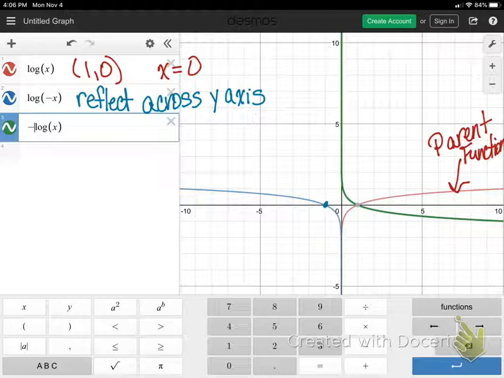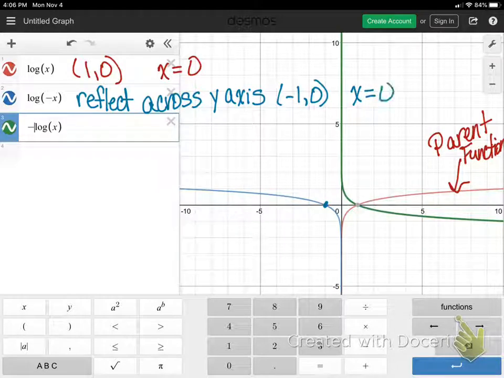Negative 1, 0. So you're going to do that reflection first. What's my asymptote, though? X equals 0. It's still x equals 0. Now my green function, I have the negative outside in front of the log. What did it reflect across? The x-axis.